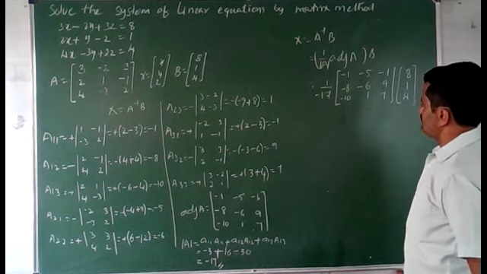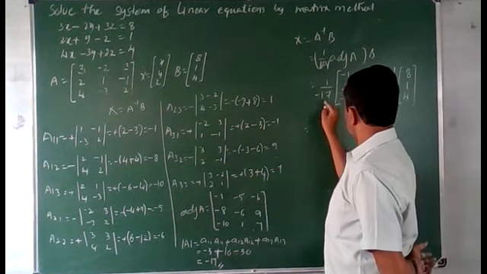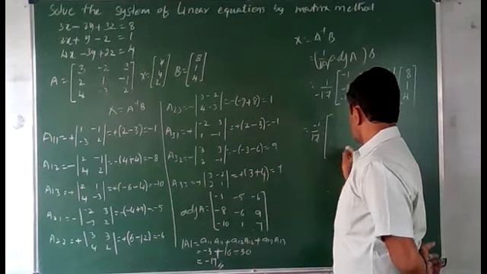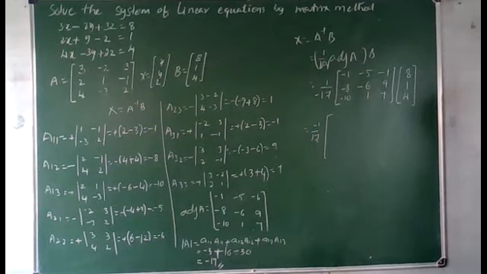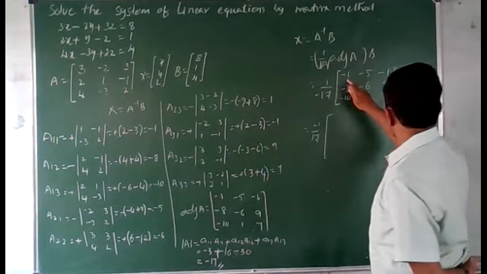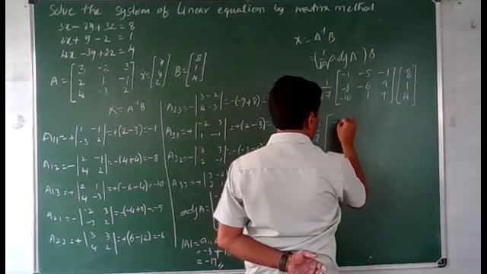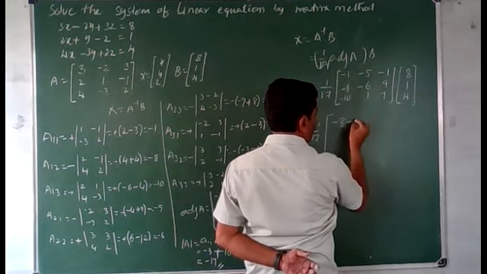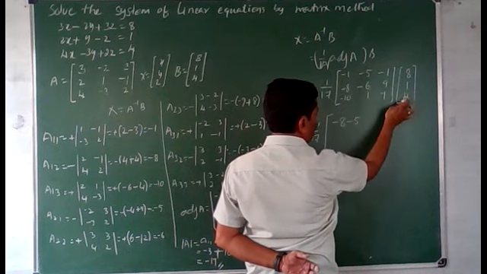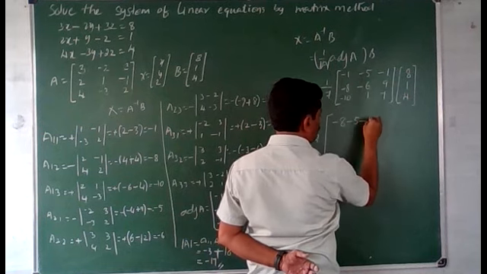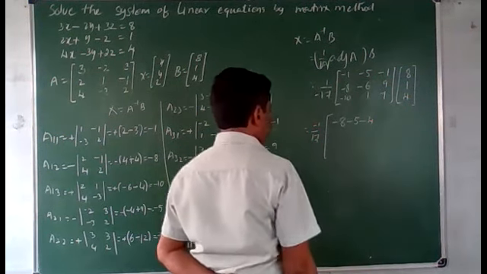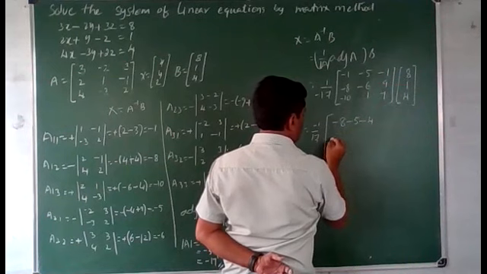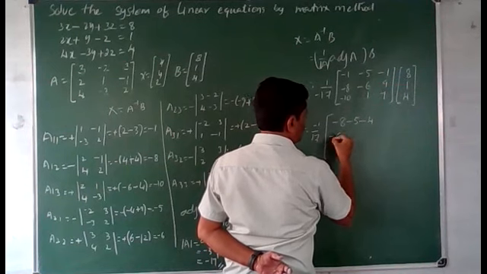So now the product of this is equal to minus 1 divided by 17 as it is, into the product of two matrices. That is minus 1 into 8, minus 8. Again minus 5 into 1, minus 5. Again minus 1 into 4, minus 4. Next, minus 8 into 8, that is minus 64.